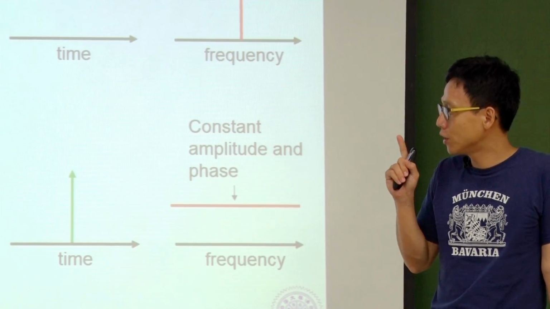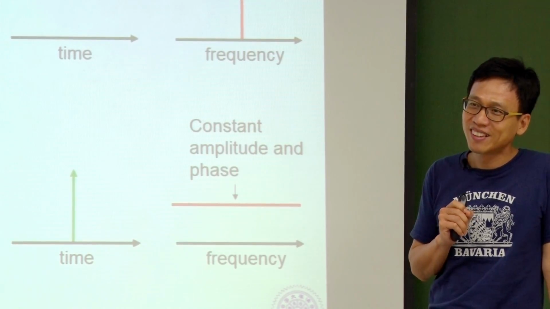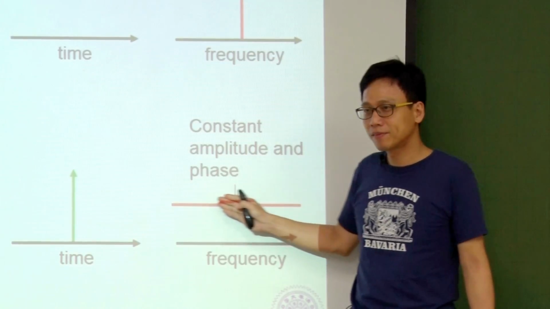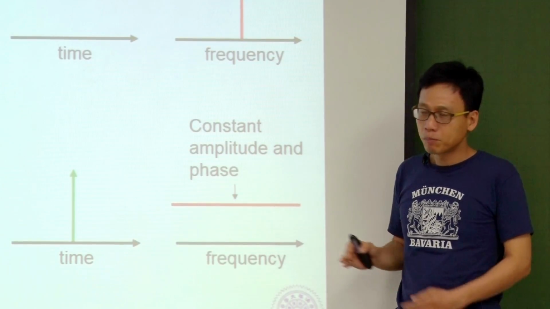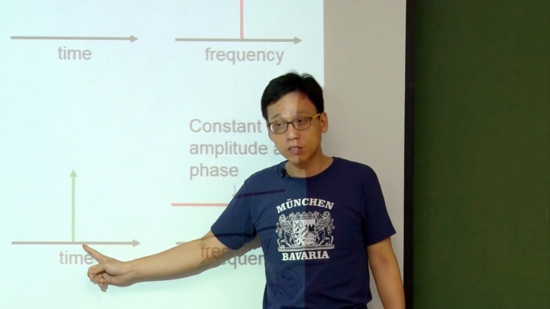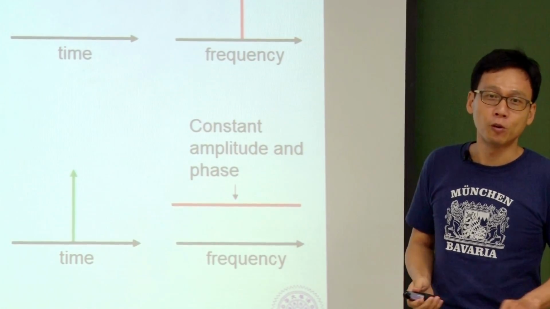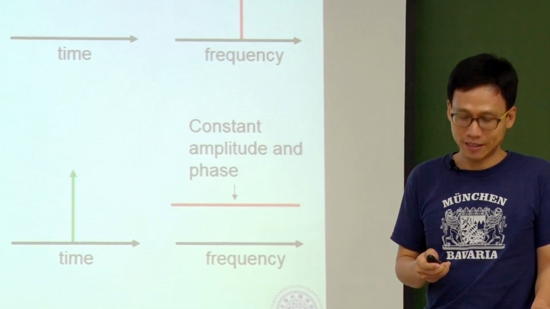If you only meet one of them, you cannot get a short pulse. Say you have broad bandwidth, amplitude is constant, but your phase is random. Then in the time domain, it's no longer a delta function. You have a broadened waveform in the time domain. Okay?